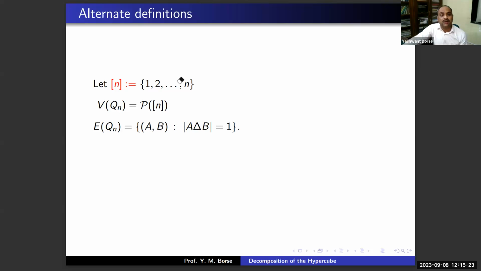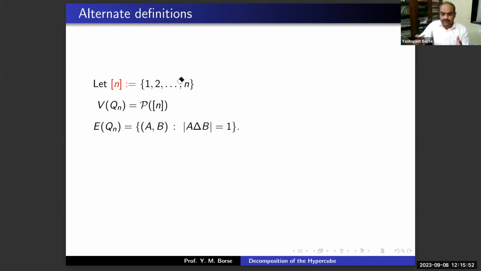So the vertex set of Qn has 2 raised to n members, and two members A and B are adjacent in Qn if the symmetric difference of them is a singleton set. For example, singleton 1 will be adjacent to the empty set, and 1 will be adjacent to 1, 2.